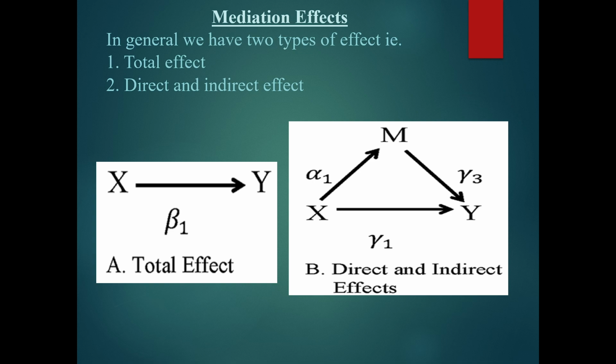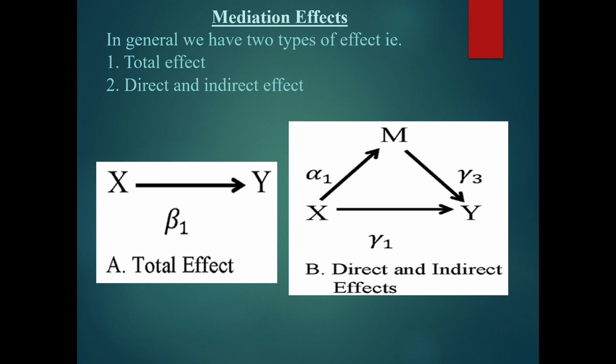Next we'll talk about various types of mediation effect. In general, we have two types of effect. The first one is total effect and the second one is direct and indirect effect. In total effect, we can see the relationship between X and Y, that is, how X is affecting Y in the absence of any mediator. So beta 1 represents the strength of the relationship between X and Y, the independent variable and dependent variable. This is called the total effect.